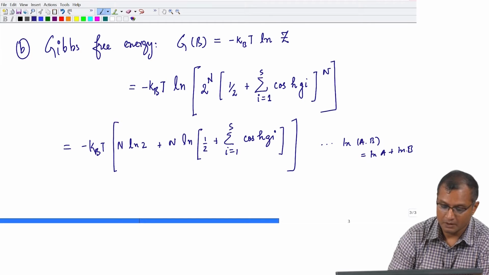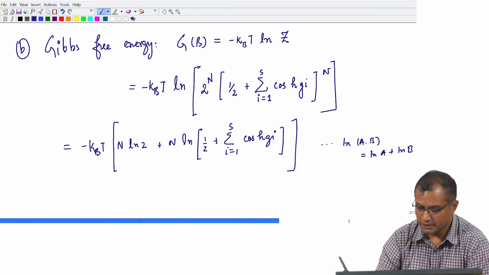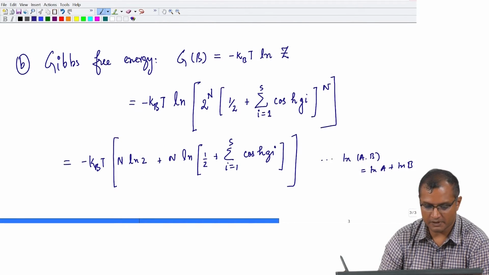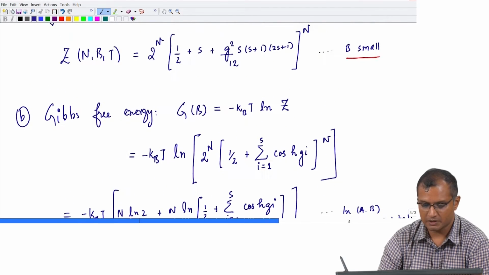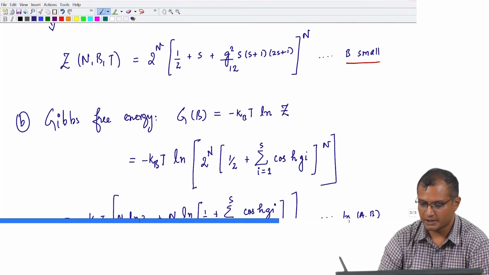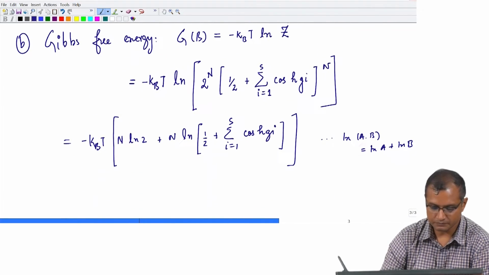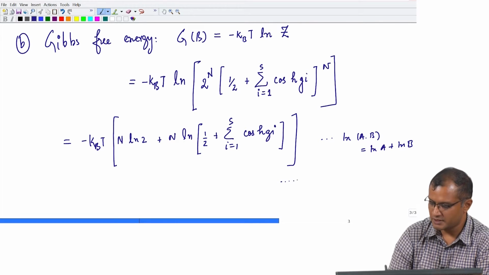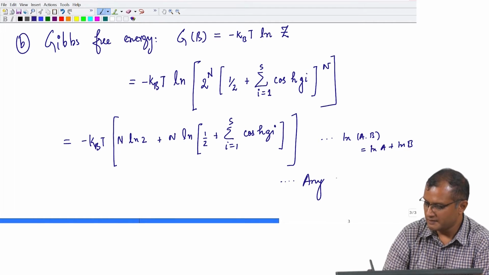So, now you can already do a few things. You can now use the approximation for the Gibbs free energy that we have worked out, for the approximation of the partition function that we have worked out. So, for small b, so this was for any field.